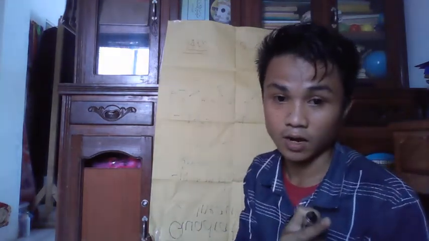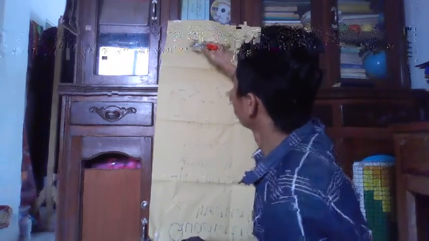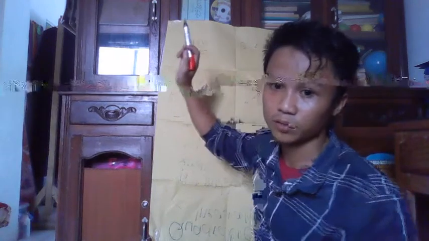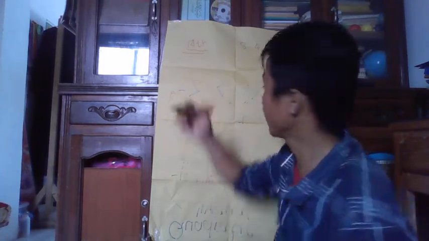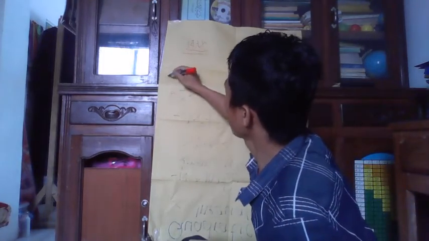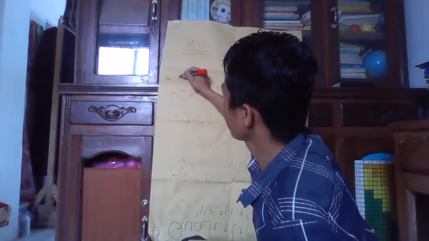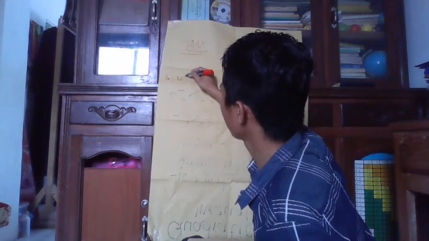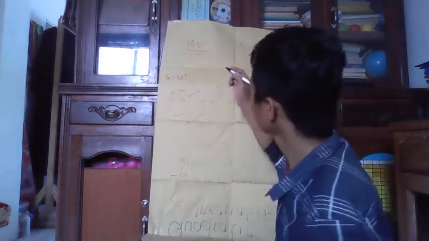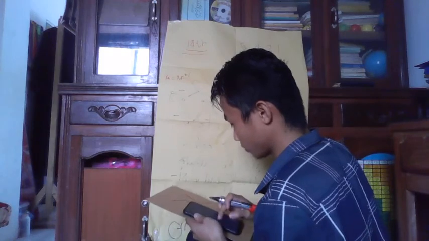So, first kukunin natin yung ating common ratio para makuha natin yung 14th term at para magamit natin yung ating formula na x sub n is equals to x sub 1 times r raised to the power of n minus 1. Di ba, yan yung ating formula.